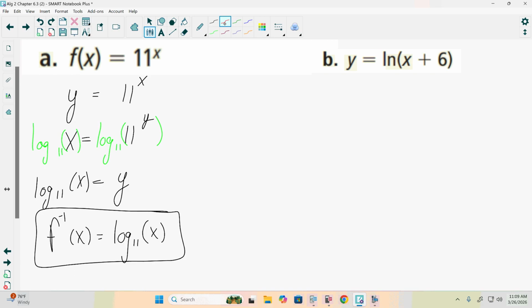Y equals the natural log of x plus 6. Don't have f of x, so I don't have to rewrite f of x as y. So we can go to step 2, which is rewriting or switching x and y.